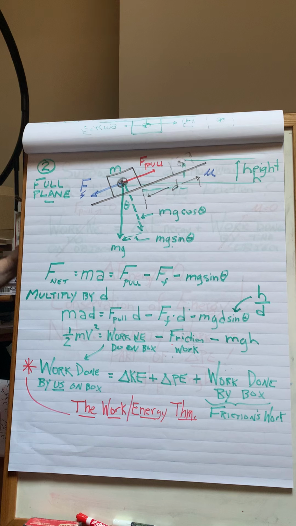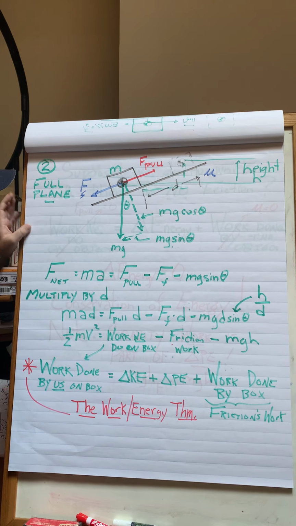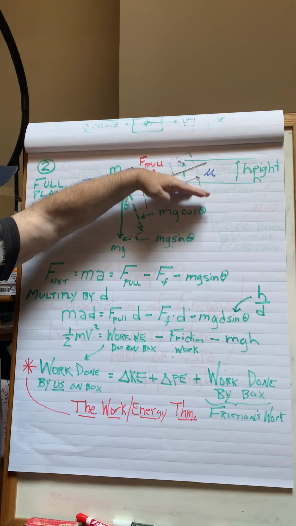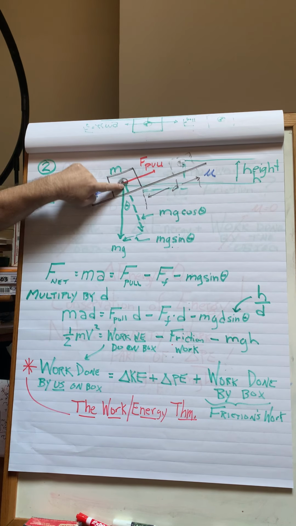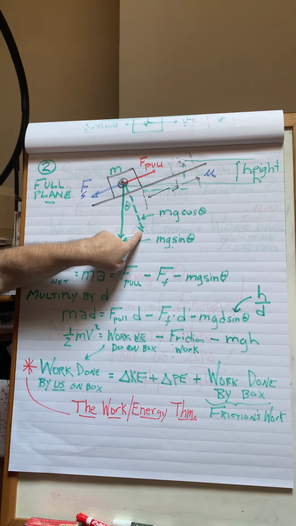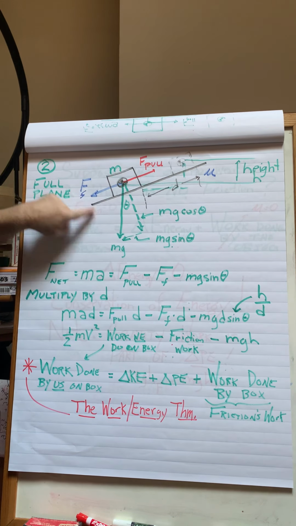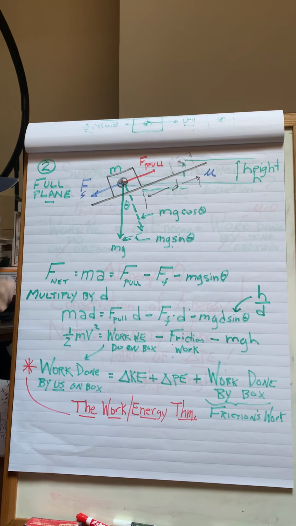And when we go to the inclined plane, which we know how to draw, we've done a video on that, and we pull the box up a certain distance, which creates a certain height difference, we have a normal force created by gravity that's perpendicular to the surface. It's mg cosine theta. That creates the force of friction. So we can write the net force. It's the sum of all the forces in the direction of motion.